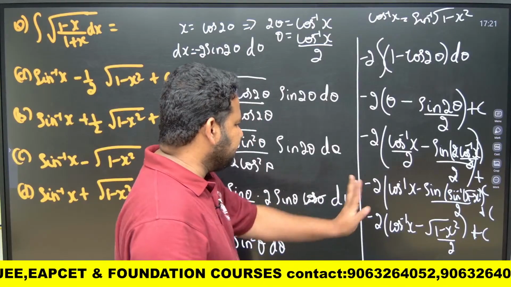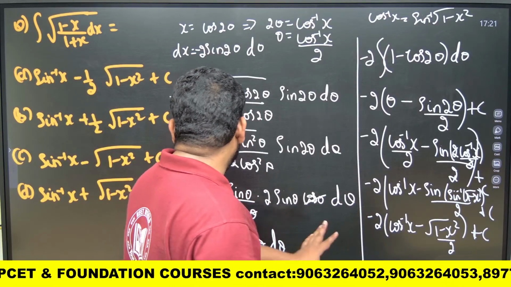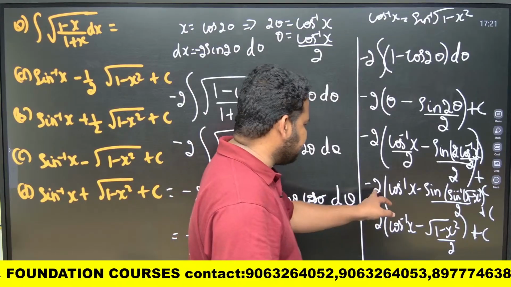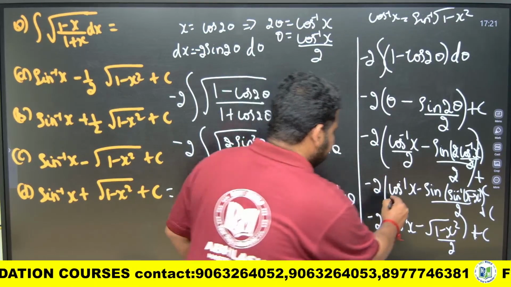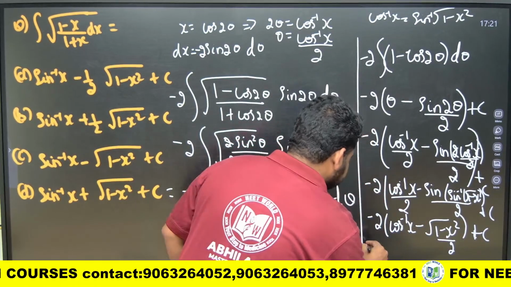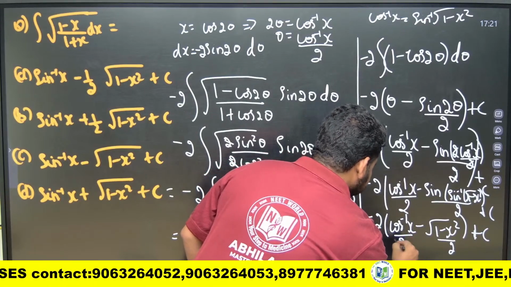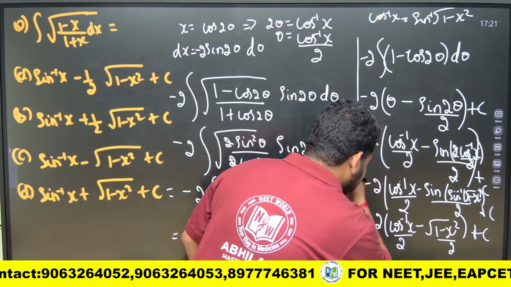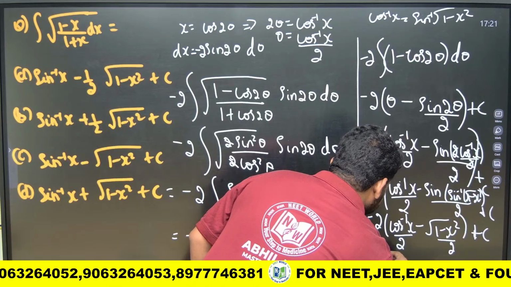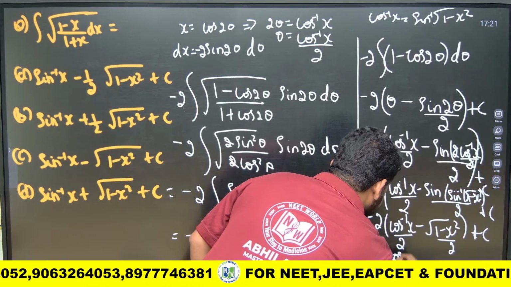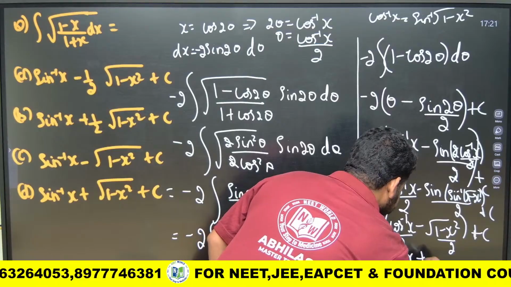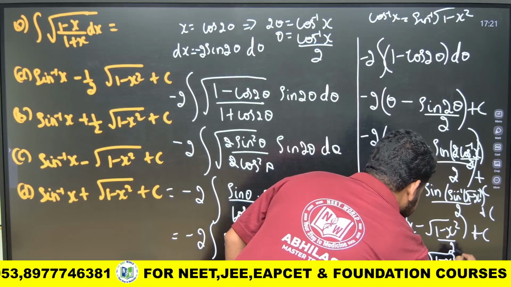If I multiply by 2, I have 2 here, and here also I should have 2, so everything will eliminate. I will have just minus cos inverse of x, and minus into minus is plus, plus square root of 1 minus x square plus c.